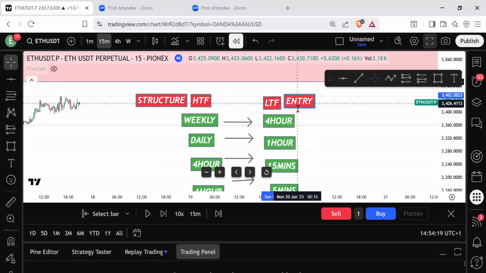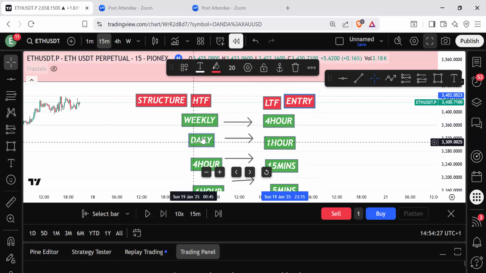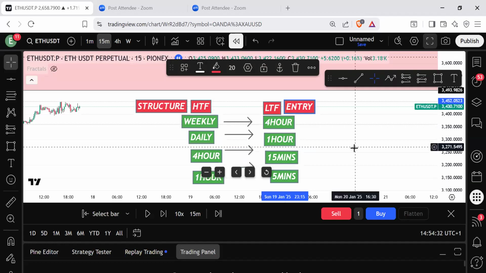If you mark your structure on weekly, your entry will be on a lower time frame. If you mark your structure on daily, your entry will be on 1 hour.